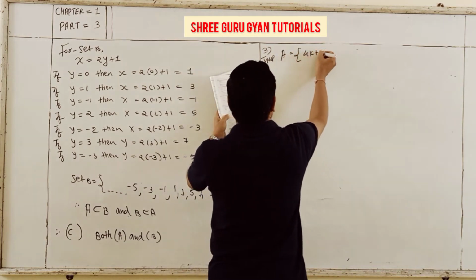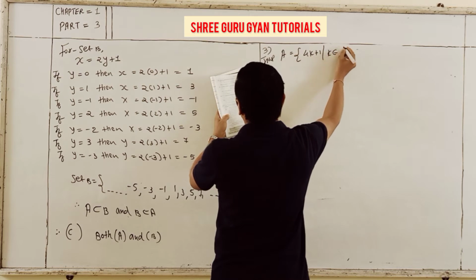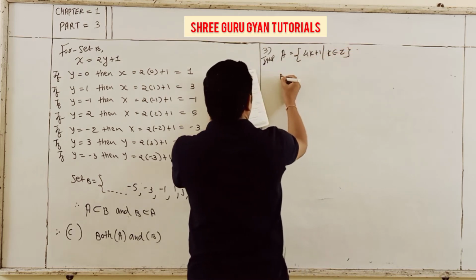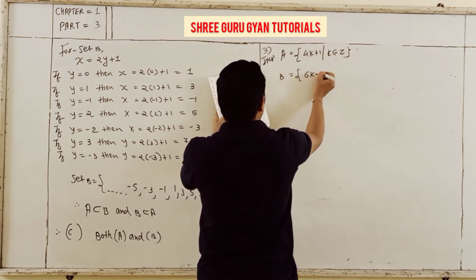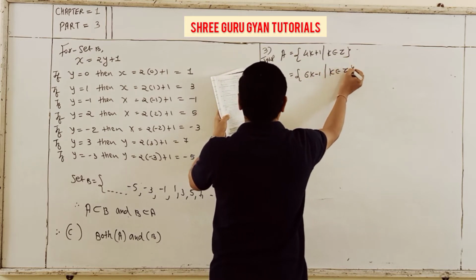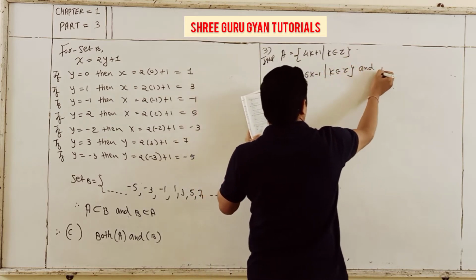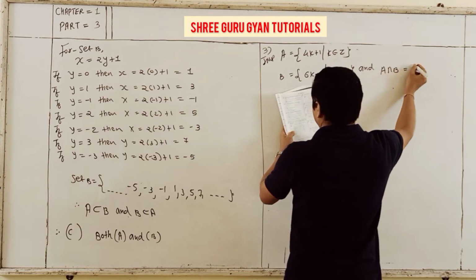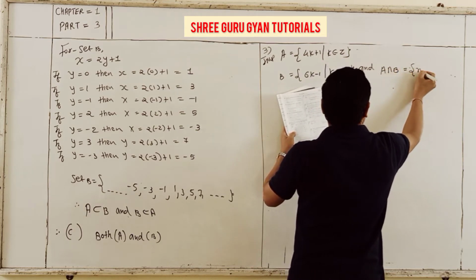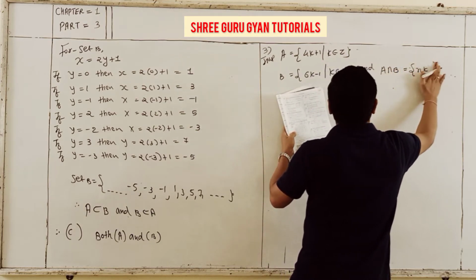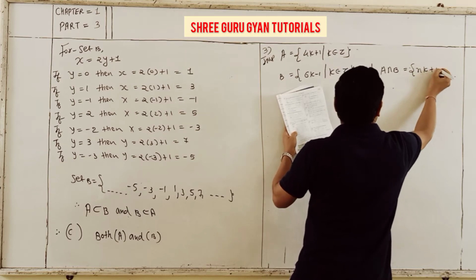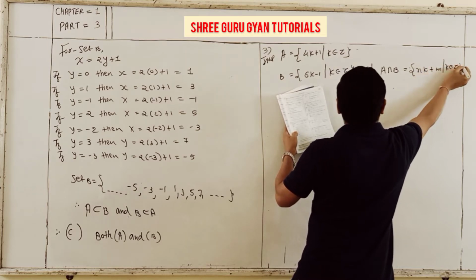A = {4k + 1 : k belongs to Z}, B = {6k - 1 : k belongs to Z}, and A intersection B is {nk + m : k belongs to Z}.